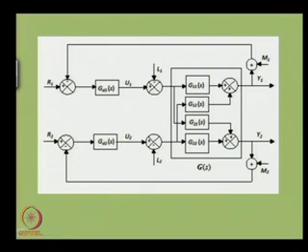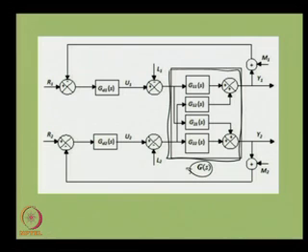This block diagram represents the control system for a 2 input, 2 output process. Now, this G(s) represents the 2 input, 2 output process or plant.